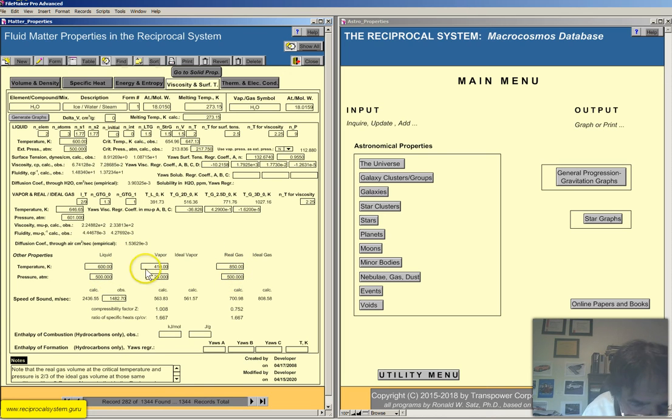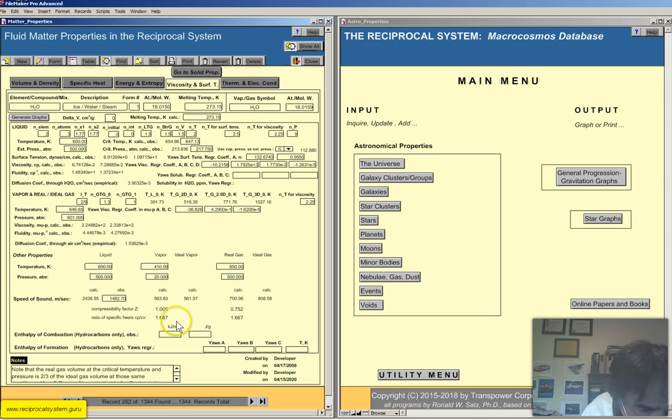And then based on these values here, we calculate the speed of sound. So calculated versus observed, calculated versus observed, calculated versus observed. I'm sorry, this would be calculated ideal vapor, and then for real gas and ideal gas.